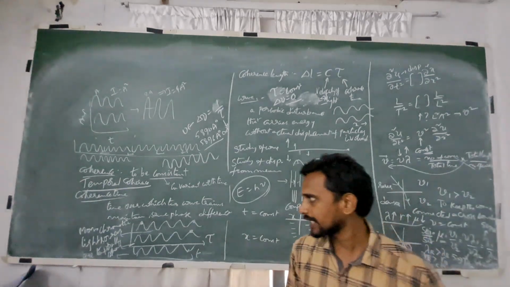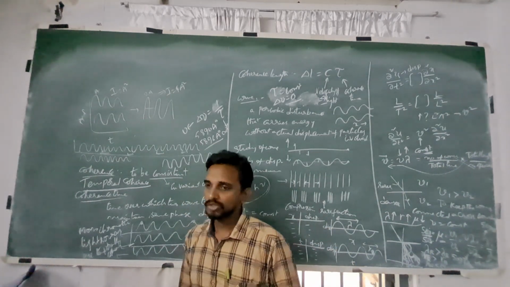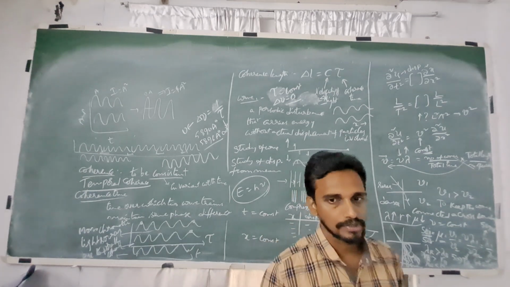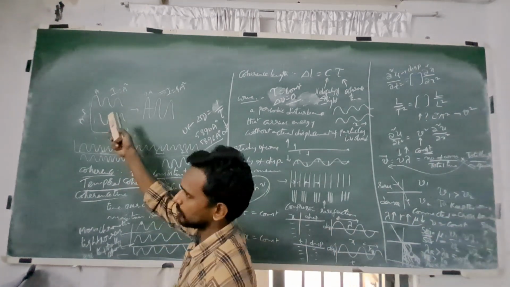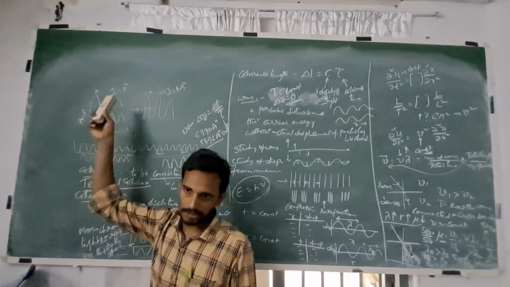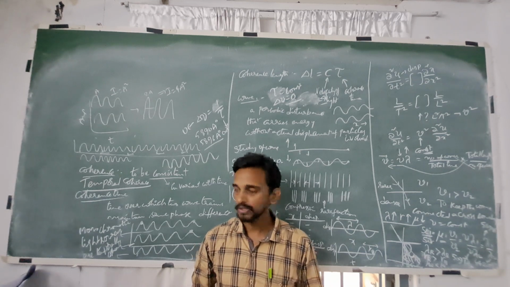So now coming back to coherence. Light emits in the form of photons, means packets of waves, wave packets.